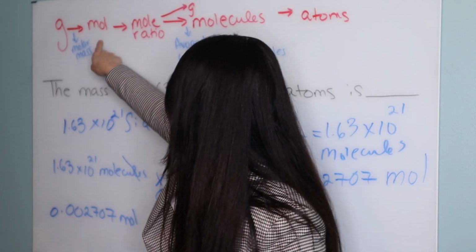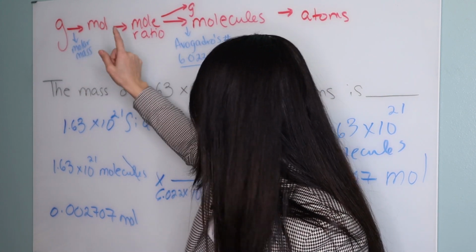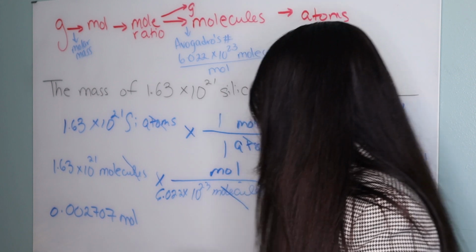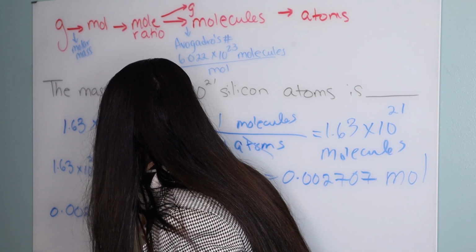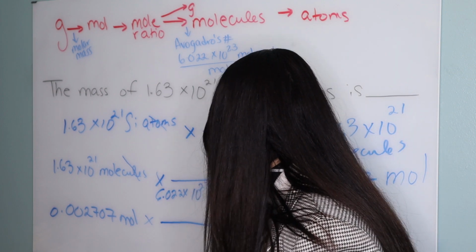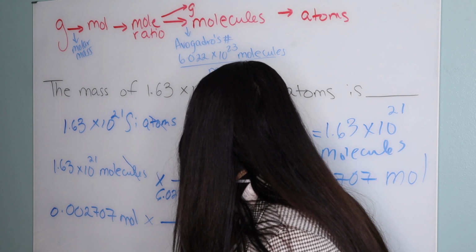At this point, we're right here. And our goal was to get mass, so grams, right? So we're in moles, we're trying to go to grams. We have to use the molar mass. So again, let's do that. First off, I want grams, that's going to go at the top. I want to get rid of moles, so that's going to go at the bottom.